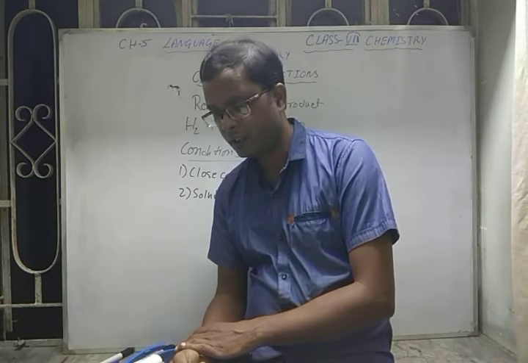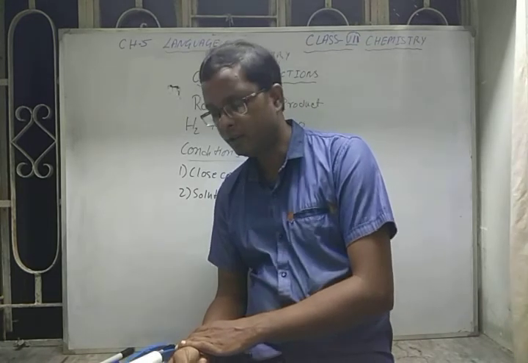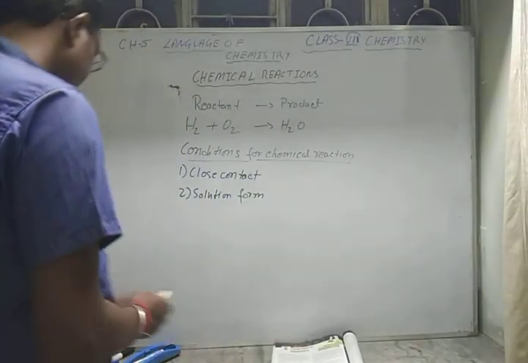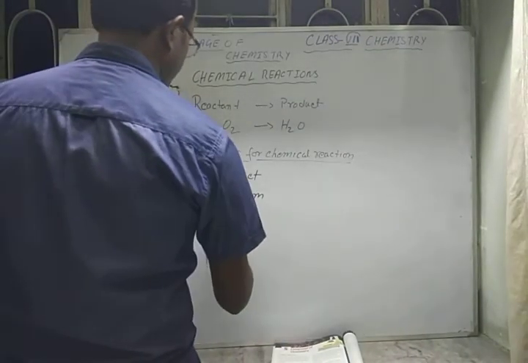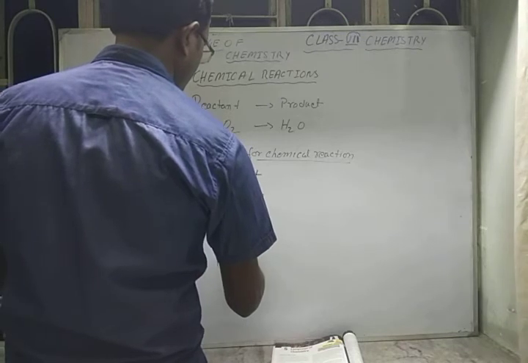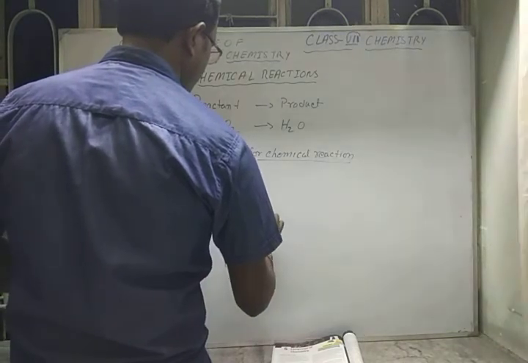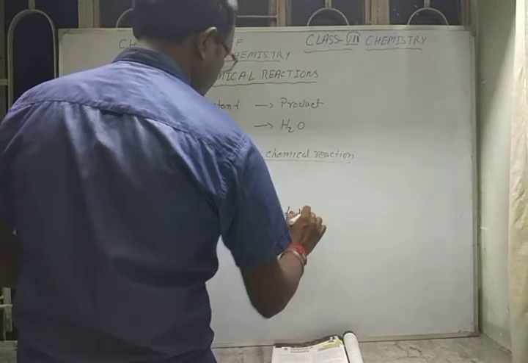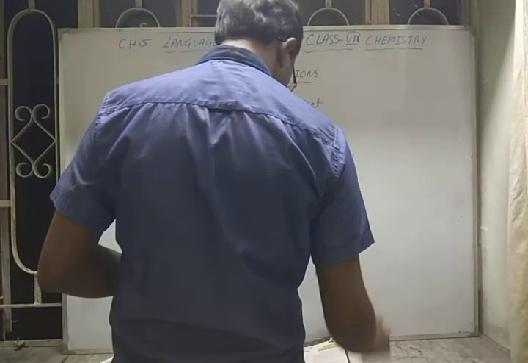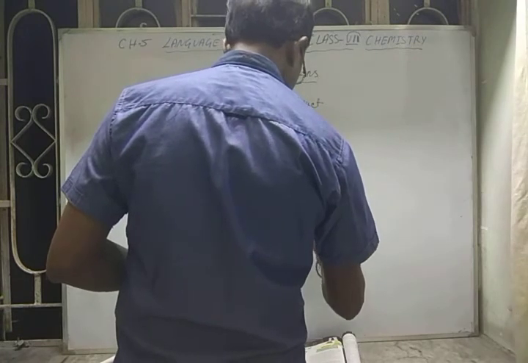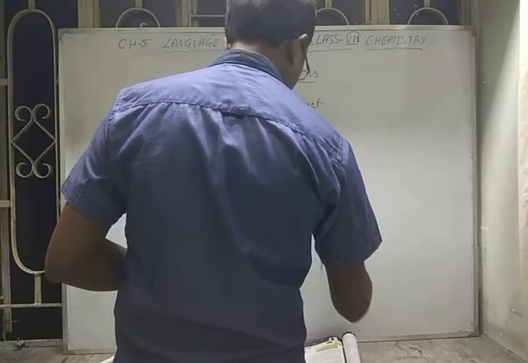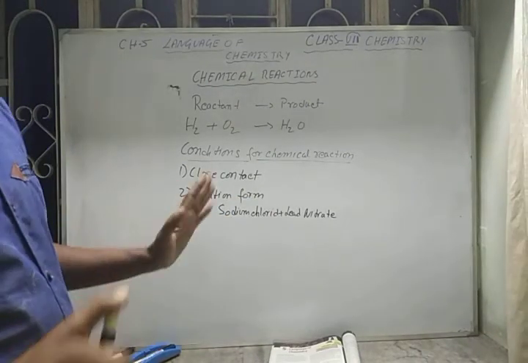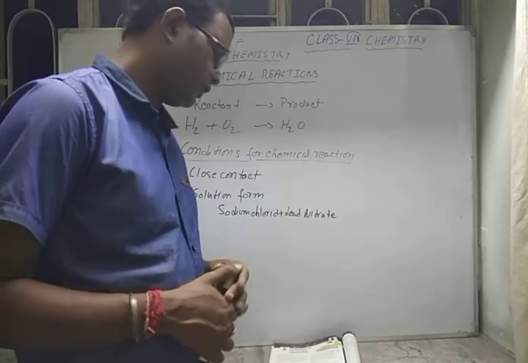If you keep sodium chloride with lead nitrate, sodium chloride plus lead nitrate, when you bring them in close contact, the reaction is not possible. They will not react with each other.